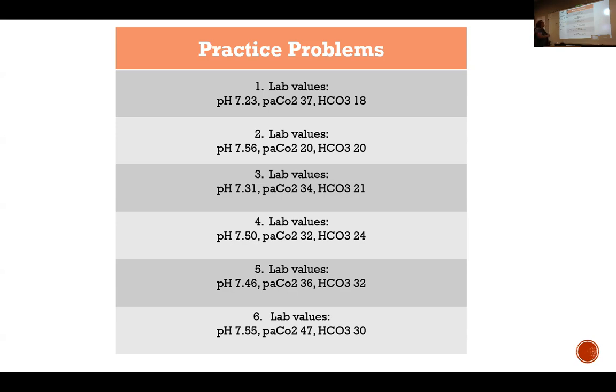Where does that go if it's 7.46? Alkalosis. Great. Now the PaCO2 is 36. Where does that go? Normal. Very good. And the bicarb is 32. Where does it go? Alkalosis.